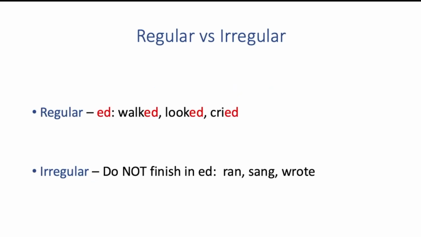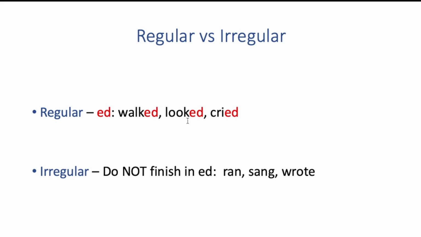When you talk about verbs in the past, you have regular verbs and irregular verbs. Regular verbs have ed. Okay, so for example, you have the verb walk, but in the past we say walked.